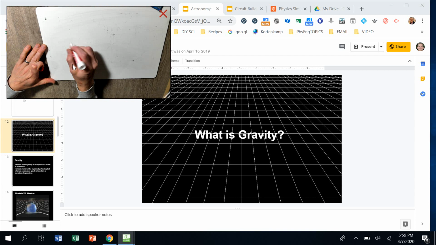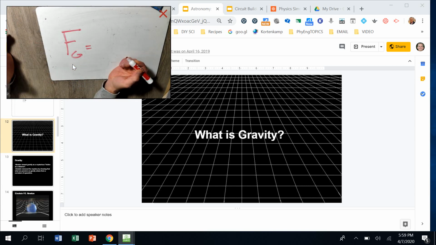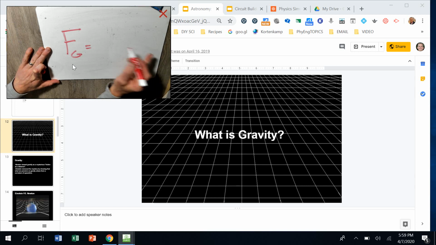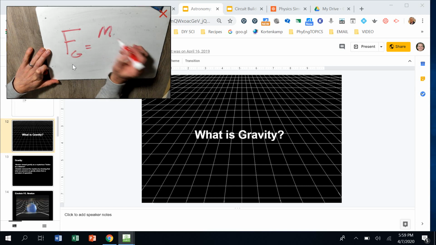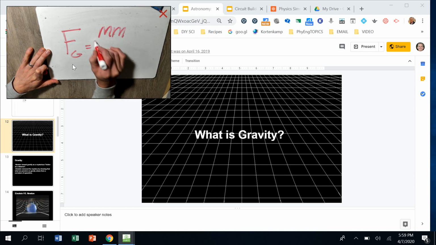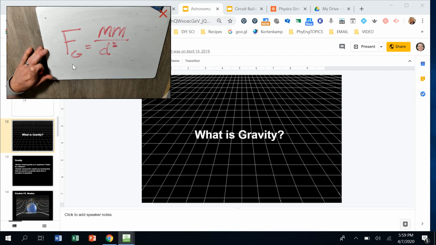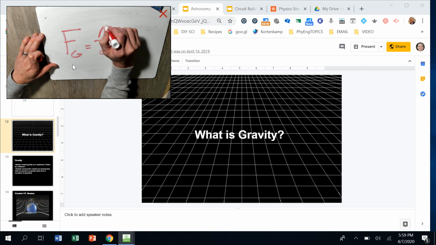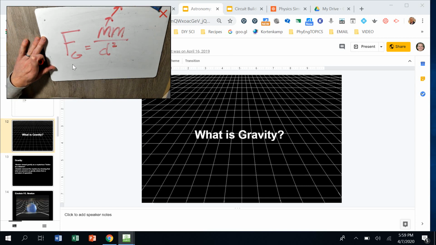The gravity equation is the force of gravity equals some constant, meaningless, right? Gravitational constant. The mass of the objects, right, multiplied by each other, and the distance between them, we'll call it d squared, okay?